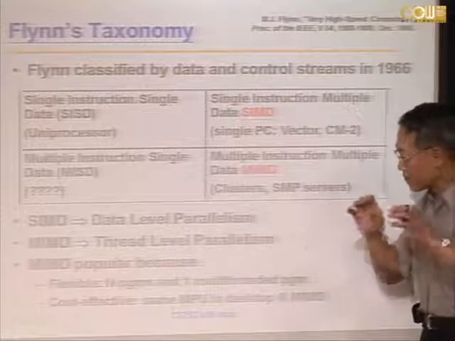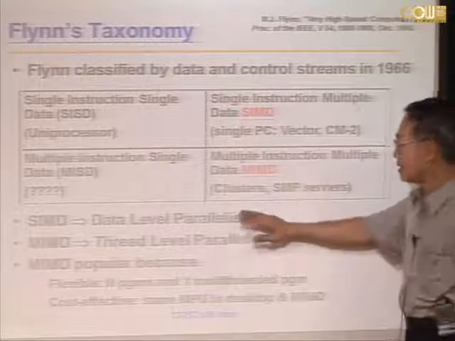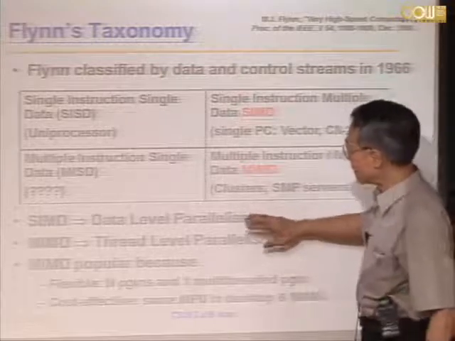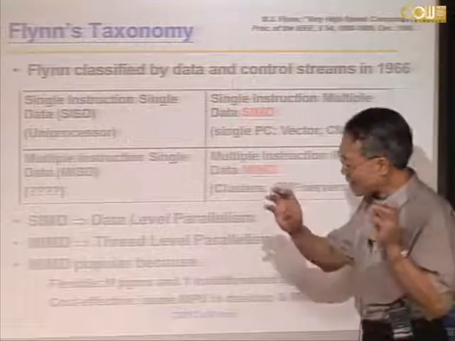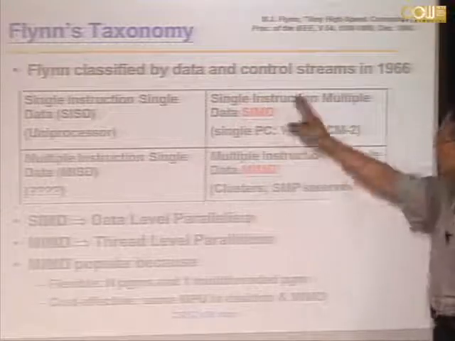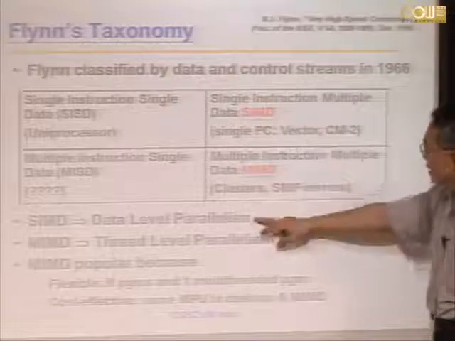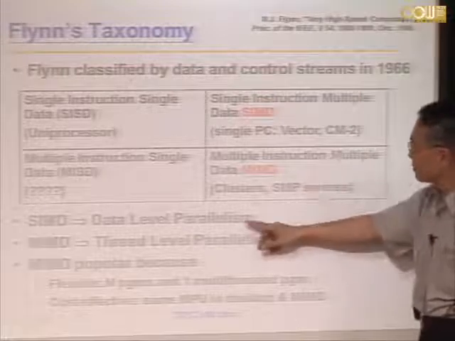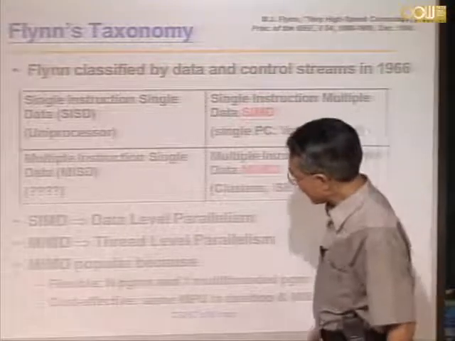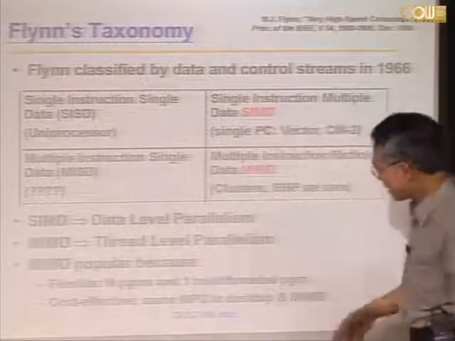We call it structured type data. If elements have independence, we call that kind of situation data level parallelism. Okay, so this is the vector type. And this, we don't talk about data level parallelism. MIMD is flexible and cost effective.